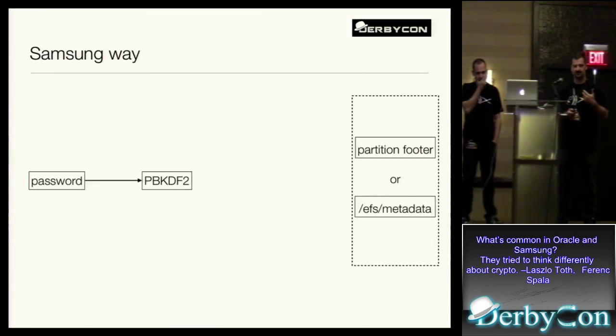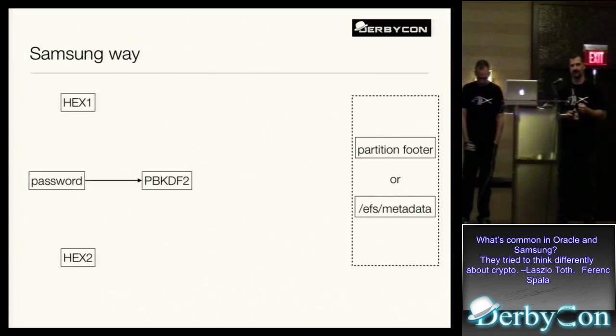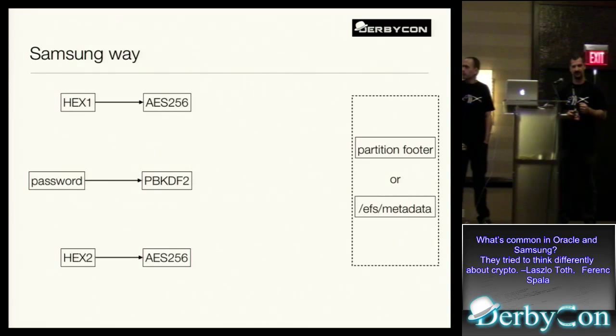In case of Samsung, the basic idea is the same. A password-based key is used to encrypt the actual encryption key, and the result is stored in the partition footer or in a file. The difference starts here. There are 2 hex constants. They are AES encrypted with the key derived from the password. There are 2 XOR operations.